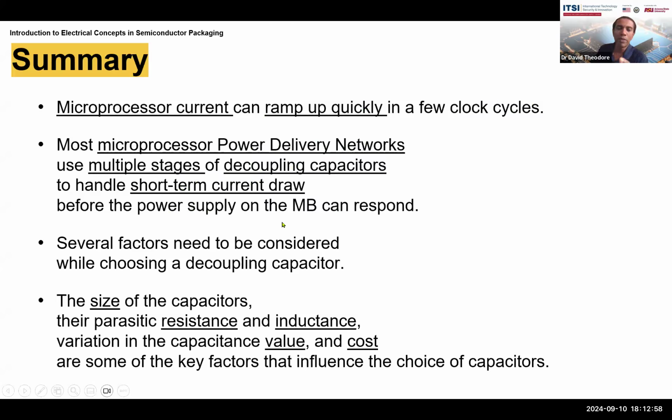There are many factors that we need to consider when choosing what kind of capacitor to use and also where to place it. The size of the capacitor, both in terms of its capacitance as well as its physical size, the parasitic resistance and inductance of the capacitor, variation in the capacitance value, which changes as a function of frequency, as we saw, and the cost are some of the key factors that influence the choice of capacitors.